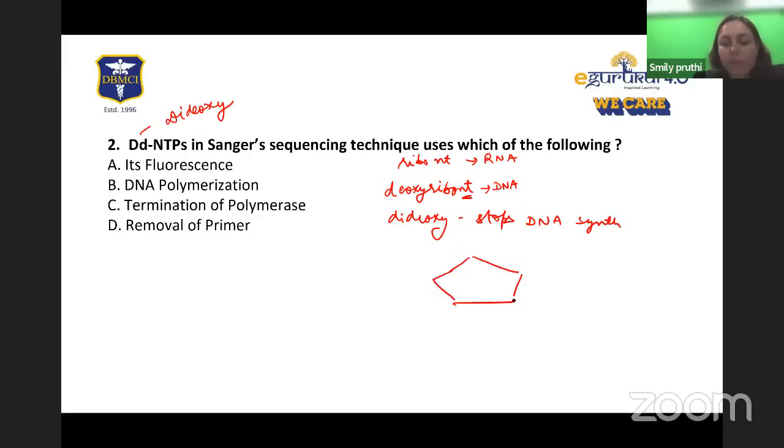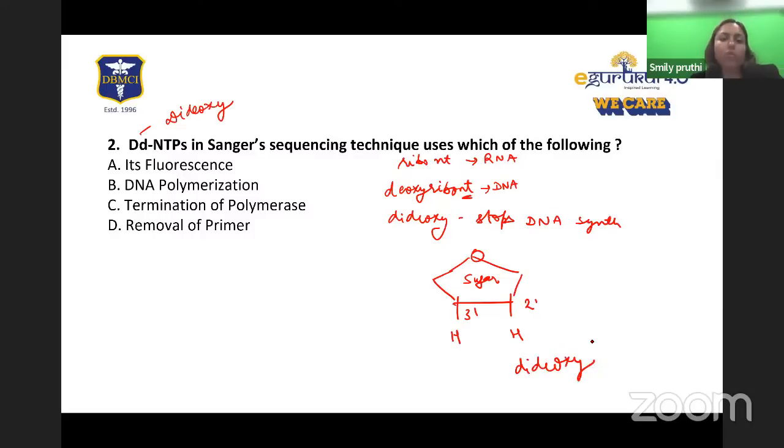See, this is sugar, this is 2' position, this is 3' position. At 2' position, we have OH in RNA. So if we remove this O from 2' position, only H is there, then it will be DNA. If we remove O from 3' position also, this will be dideoxy.